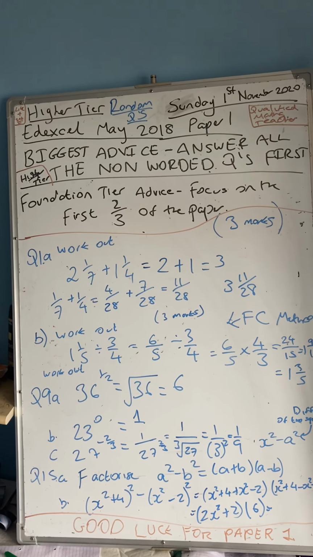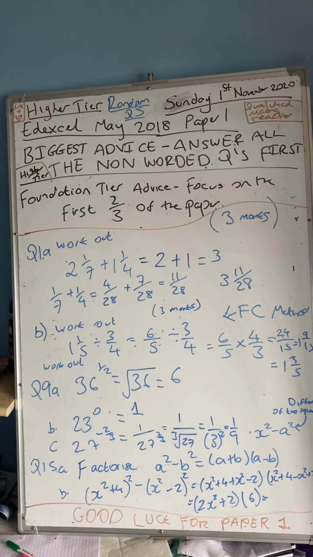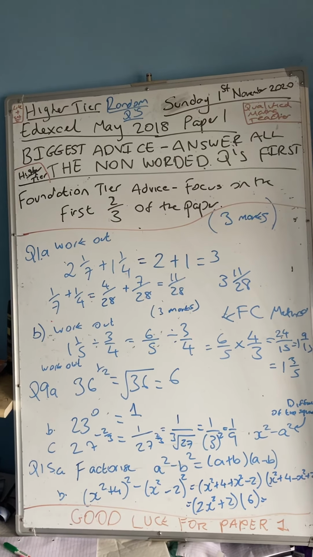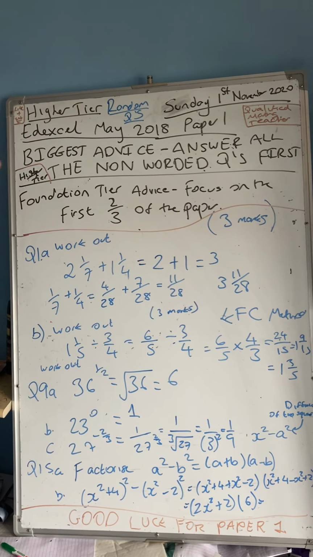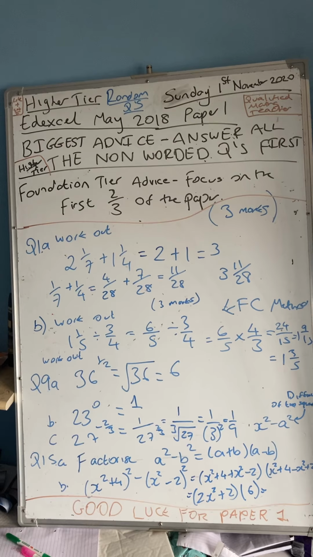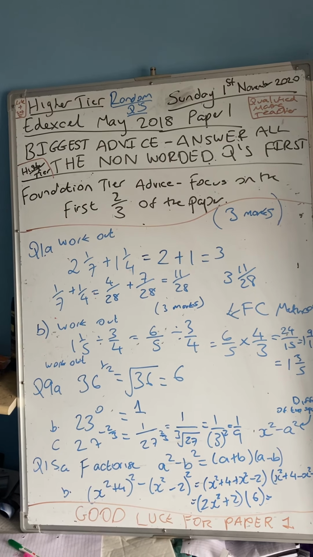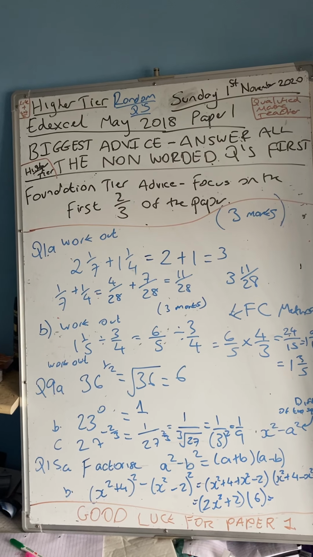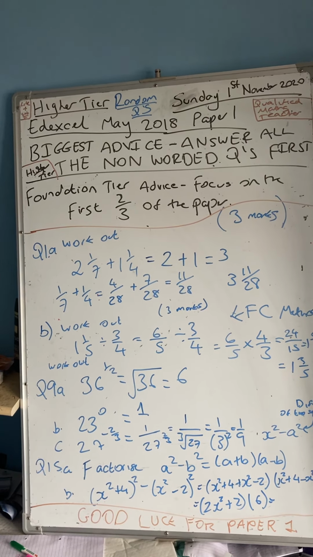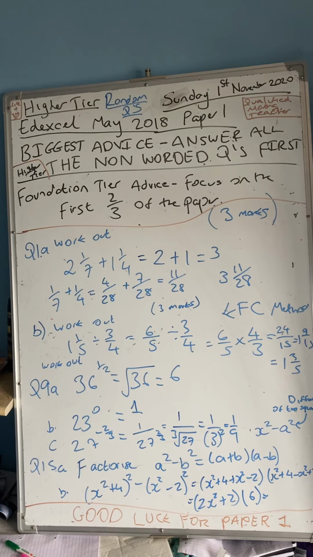Obviously, my overall advice is attempt every question and show your full workings. But if you're doing higher tier, focus on all the non-worded questions first, and then look at all the worded questions after. For foundation, the prime focus is the first 2/3 of each paper. Obviously attempt all questions, but this is my general advice for both tiers.